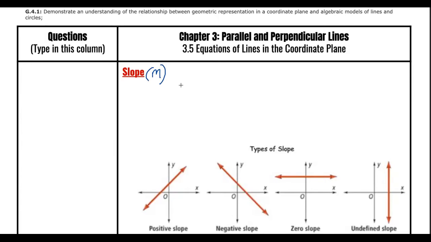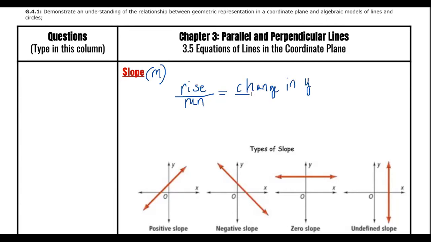Now there are several formulas or different variations of the formula for slope. When you're looking on a graph, we call that rise over run. Okay, make sure you put this in your notes. So one formula for slope is rise over run. And basically that's the same thing as change in y over the change in x.